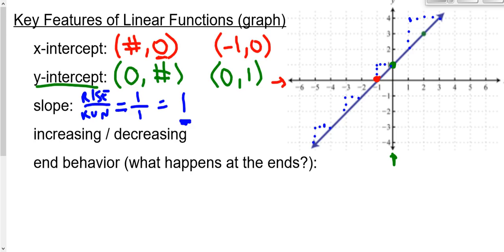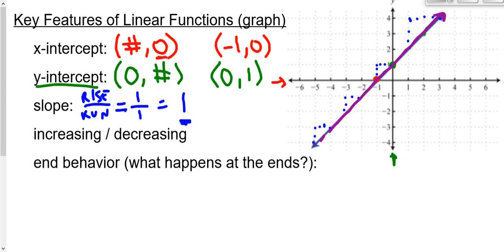And let's go ahead and take a look at increasing or decreasing. This is the one that we just learned about on the other page. So increasing means as I move from left to right along my graph, I have to figure out, are my y values getting bigger? Are they increasing, or are they getting smaller? Are they decreasing? So as I move from left to right along my graph, as my x values are getting larger, my y values are also increasing.